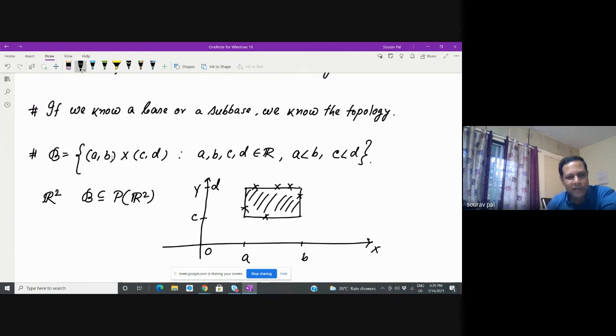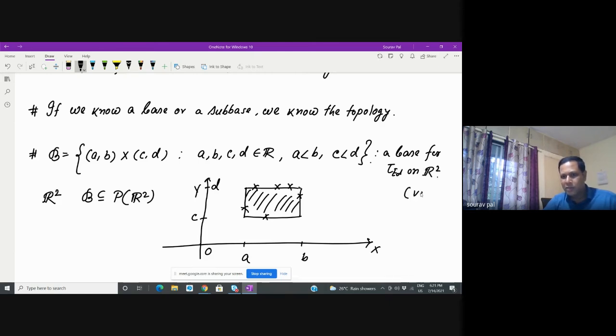You can verify that, and that topology will be your usual Euclidean topology of R2. Then this is a base for the Euclidean topology on R2.